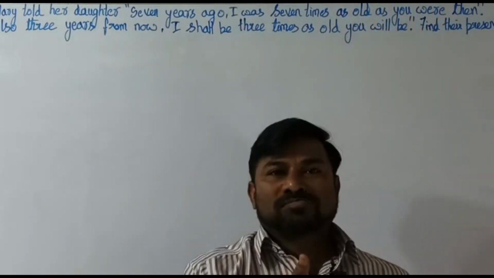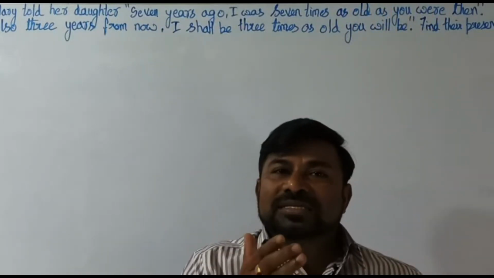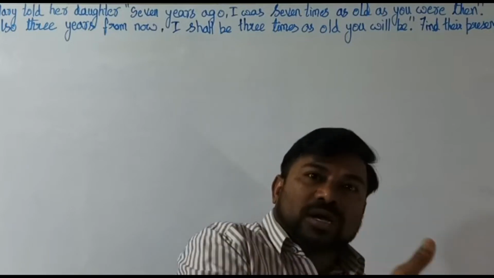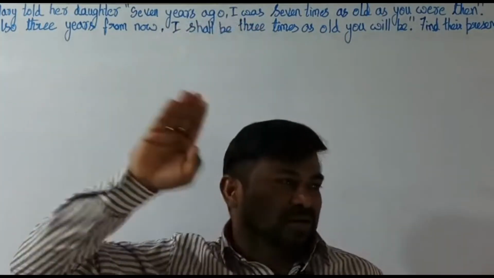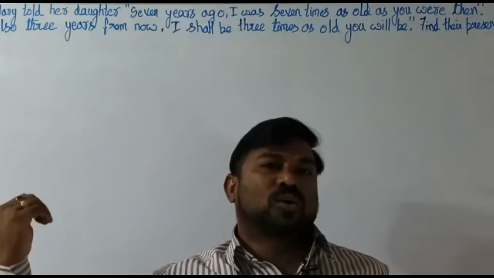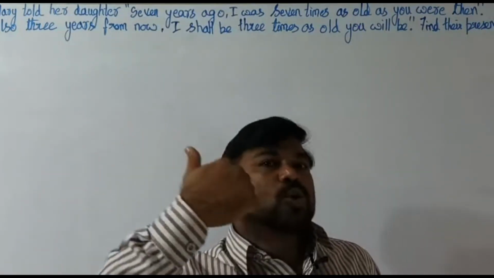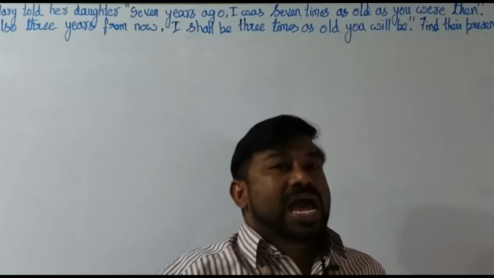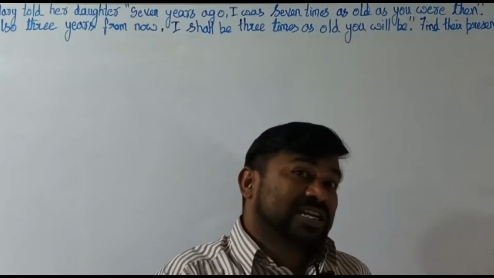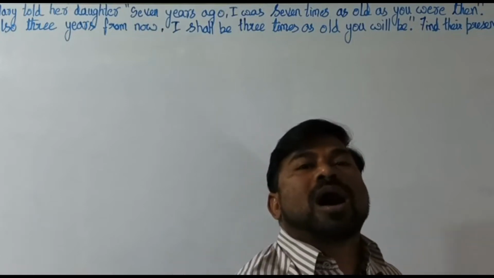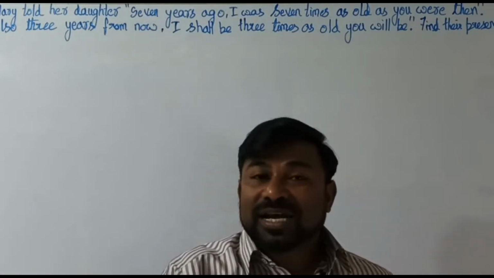So mother Mary is comparing her age with her daughter. She is telling, 7 years ago, not from now, ago, mom is telling the daughter, I was 7 times as old as you.